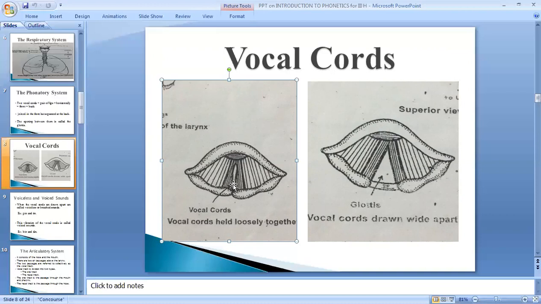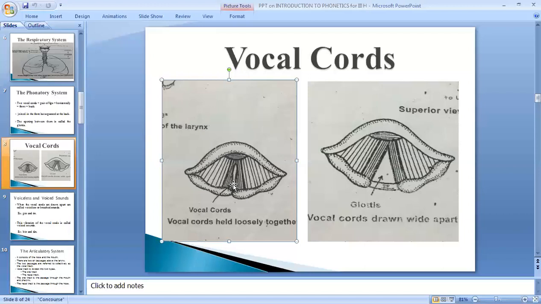For example, all vowel sounds in English and the consonants b, d, g, as in the English words bin, din, and gun. These are all voiced sounds.